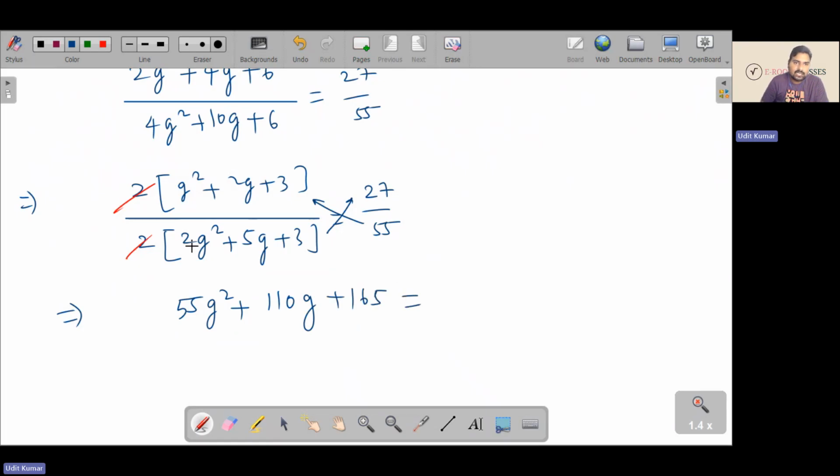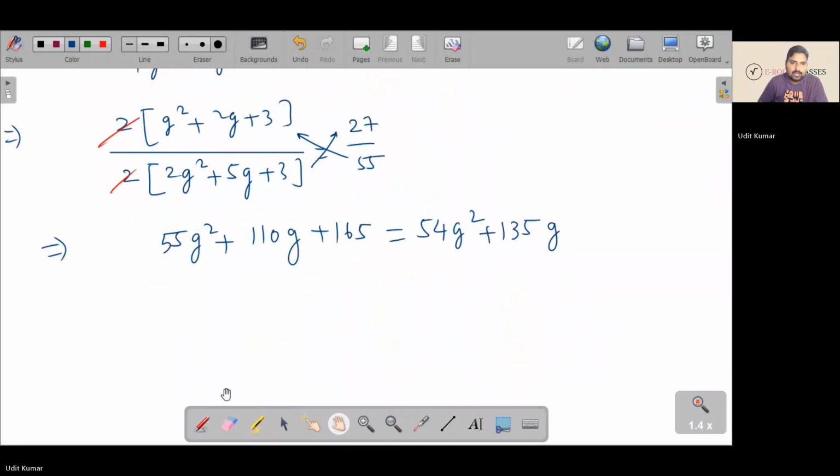Then 27 times 2 will give you 54g squared. Then 27 times 5 will give you 135g, and plus 27 times 3 is 81, right?